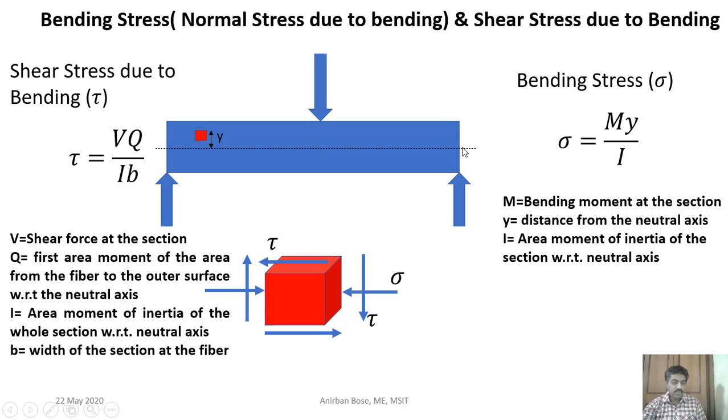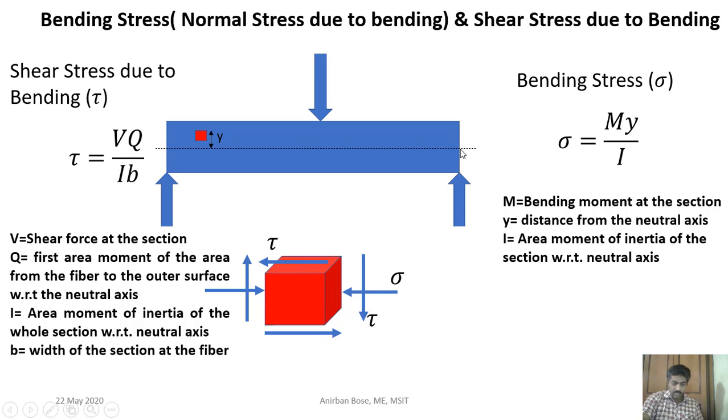So you will get a larger Q, and that is why the shear stress will be maximum at the neutral axis, because Q is basically the first area moment with respect to the neutral axis. So in the shear stress distribution in bending, you will find that it is 0 at the outer surface, that means at the top surface or at the bottom surface, and the shear stress is maximum at the neutral axis.